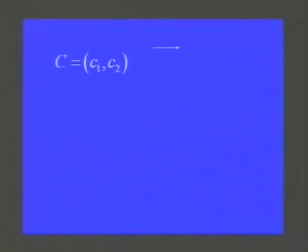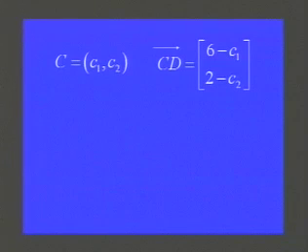Okay, let's give C a name. C is going to be C1, C2. So that I get CD equal to 6 minus C1, 2 minus C2. Okay, now go back and set that equal to what we got for AB.